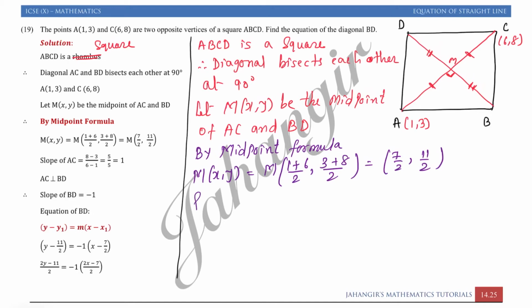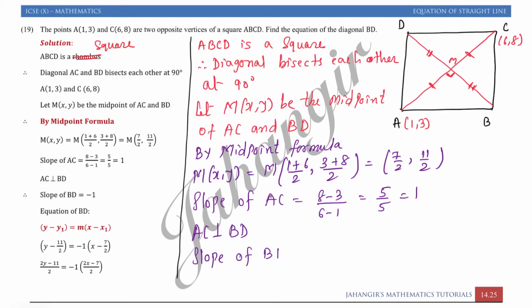Now we will find the slope of AC. That is y2 minus y1 upon x2 minus x1, 5 upon 5, which is 1. Since AC is perpendicular to BD, therefore slope of BD is equal to minus 1.